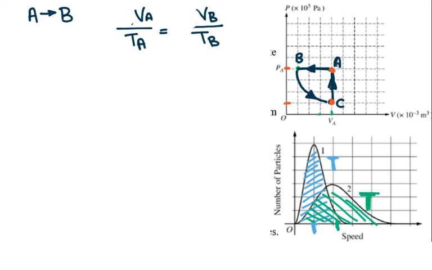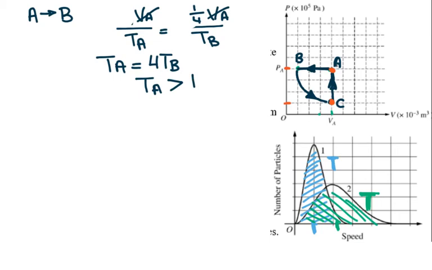So instead of VB, I can write 1/4 of VA. So VA and VA cancel. And that gives me that TA is equal to 4 times TB. So TA has higher temperature than TB.